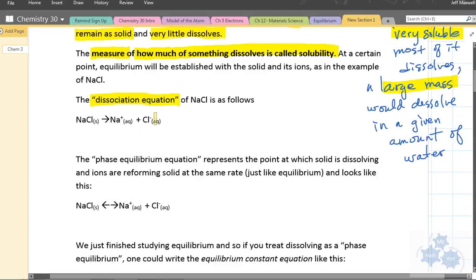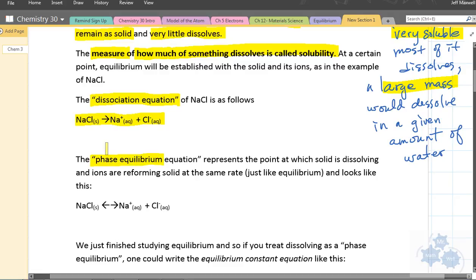All right, so here's an example of salt dissociating. The phase equilibrium equation represents the point at which the solid is dissolving and ions are reforming the solid at the same rate. So this is just like equilibrium, but this is the phase equilibrium.